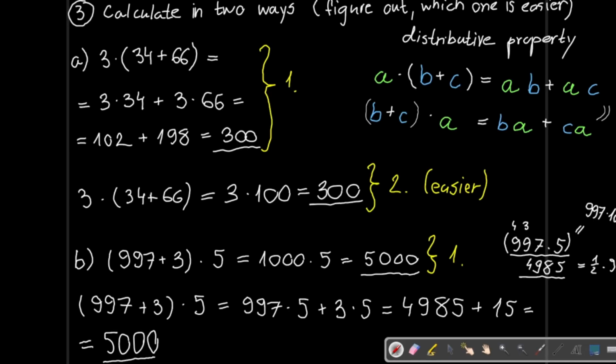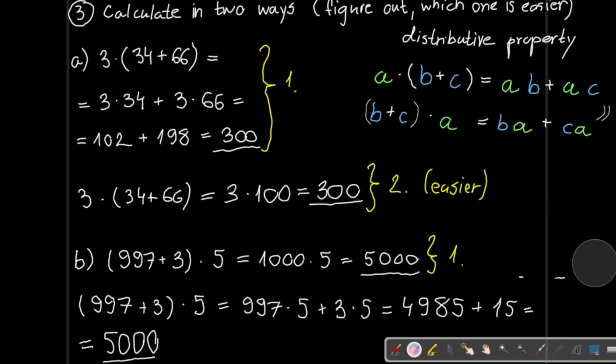So the alternative approach to calculate this multiplication right here would be to write just another 0.